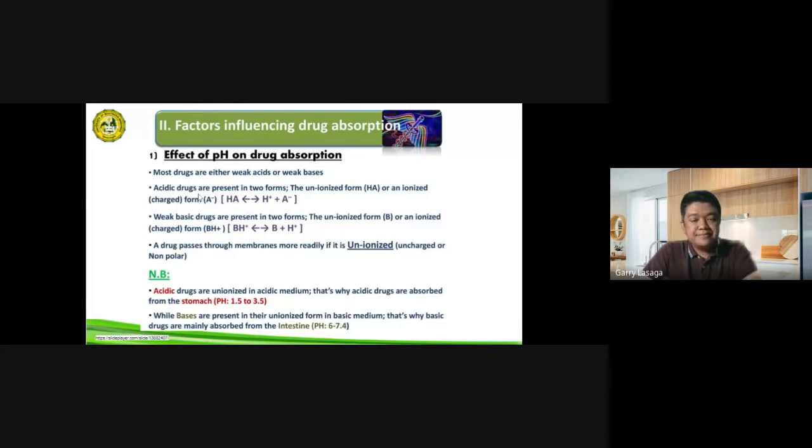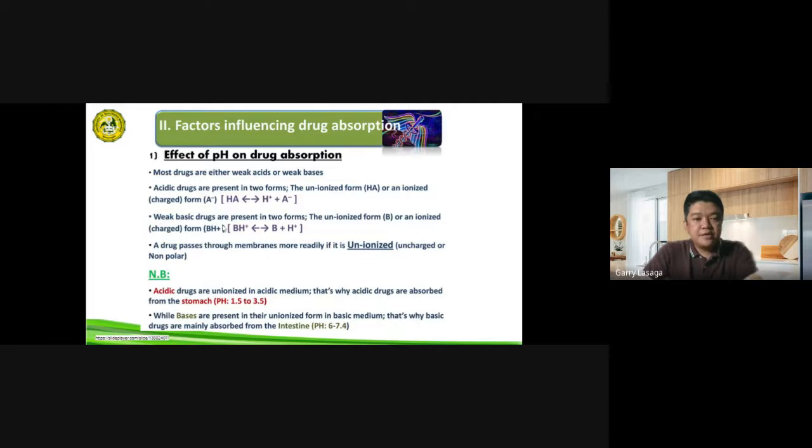So when we remove this hydrogen ion, what remains is the conjugate base, A minus. So this one here is the unionized form since it has no charge. This one here is the ionized form since it has charge, A minus.